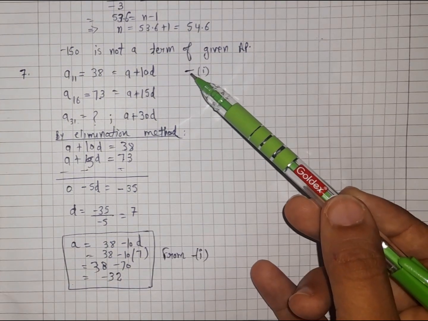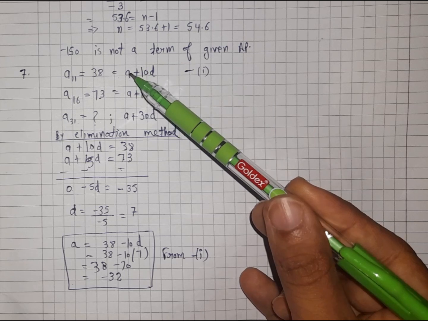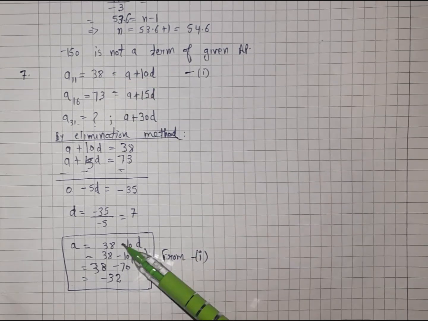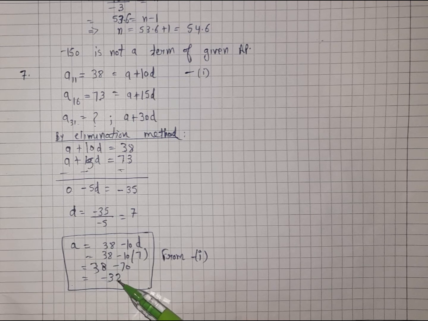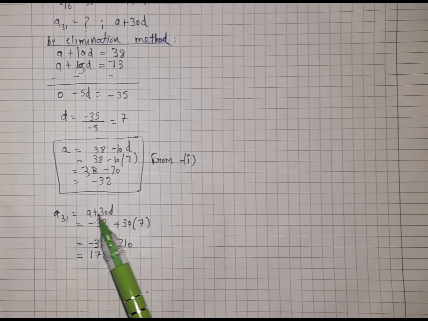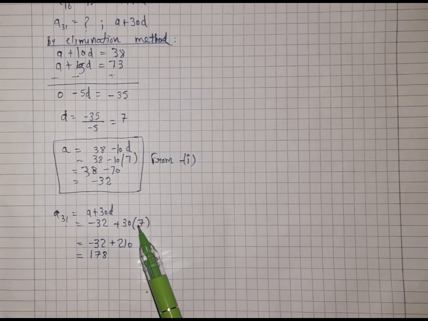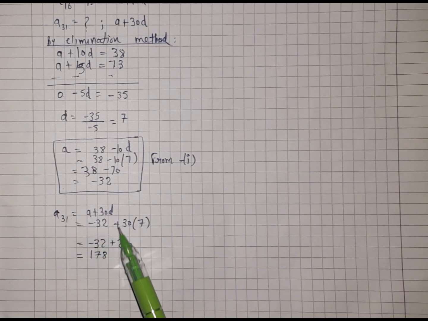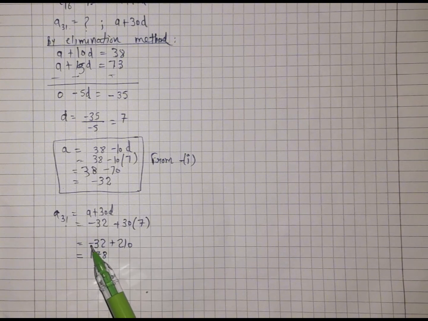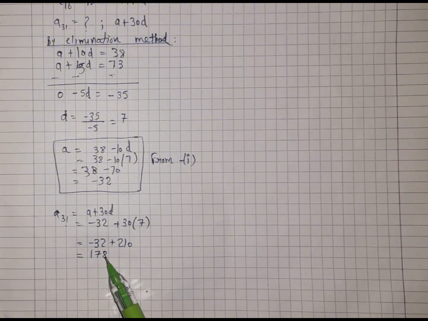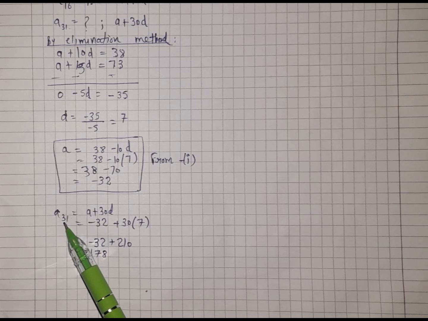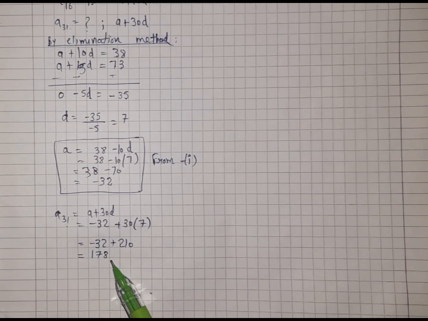Now the 31st term, that is a plus 30d, where a equals minus 32 and d equals 7. Now minus 32 plus 30 into 7 equals minus 32 plus 210, which equals 178. So the 31st term of the given AP is 178.